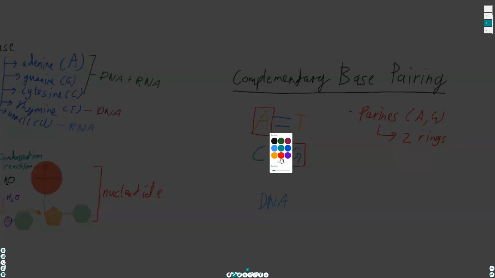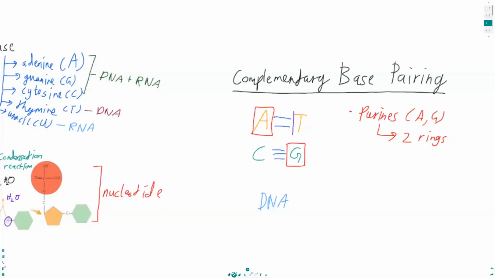Thymine and cytosine, which I will label in purple, are known as the pyrimidines. And uracil as well. So thymine, cytosine, and uracil. And these have 1 ring. The way I like to remember that is that the purines are A and G, pyrimidines are CUT.